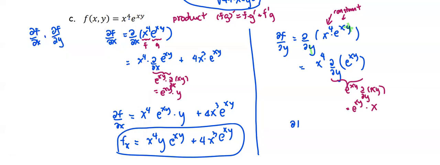Therefore, the partial derivative with respect to y is x to the fourth times e to the xy times x, and written in the simplified form or shorter notation as f subscript y equals x to the fourth, and x becomes x to the fifth times e to the xy.